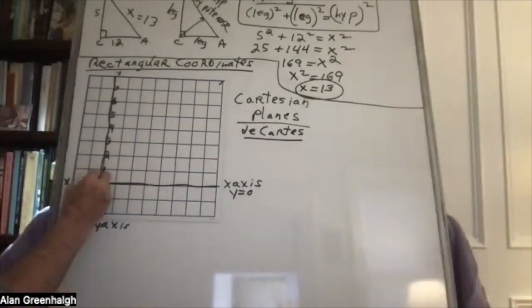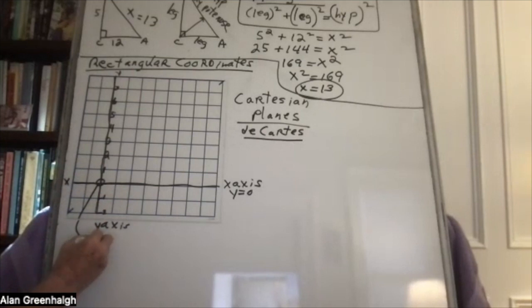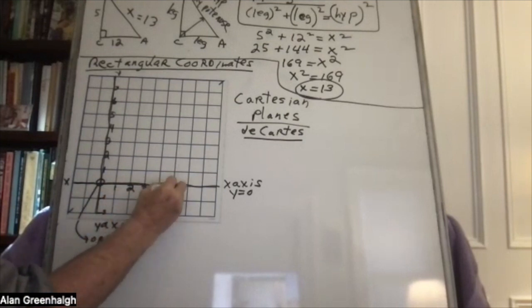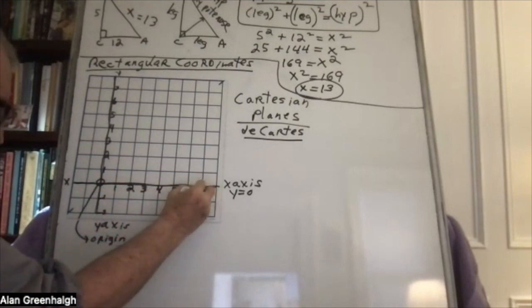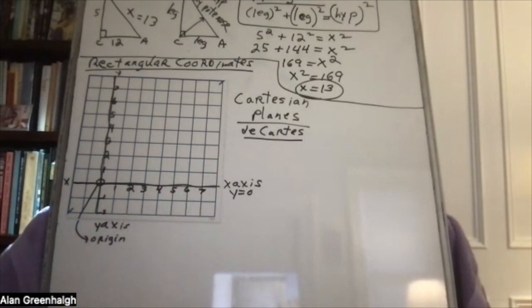Right in the middle, X equals 0 and Y equals 0. That's called the origin. Along the X-axis, X is equal to 1, 2, 3, 4, 5, 6, 7, and so on. And in the negative direction, -1, -2.